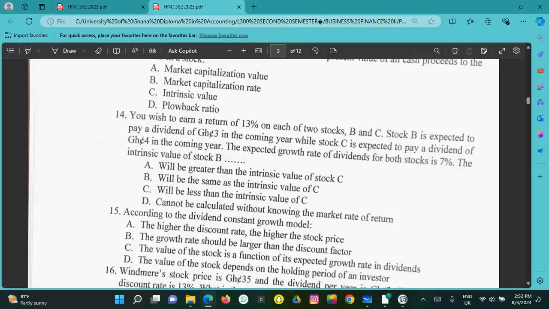The expected growth rate of dividend for both stocks is 7%. The intrinsic value of stock B is, so now if you really want to get this answer correctly, you have to solve for the intrinsic value or the price of the stock for both of them, and then come to the options and answer this.